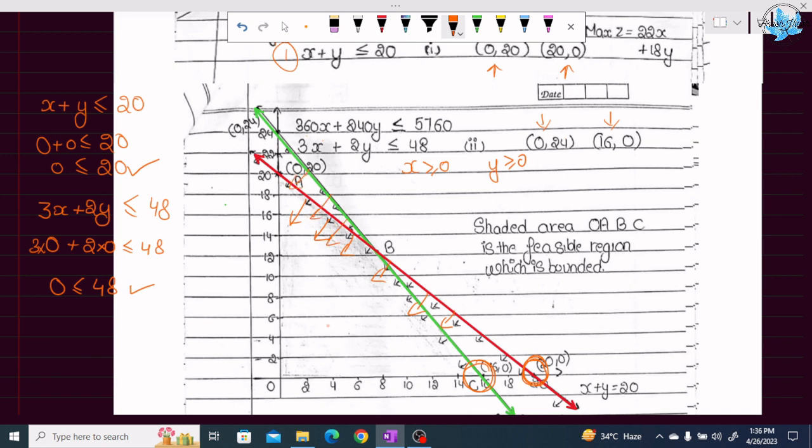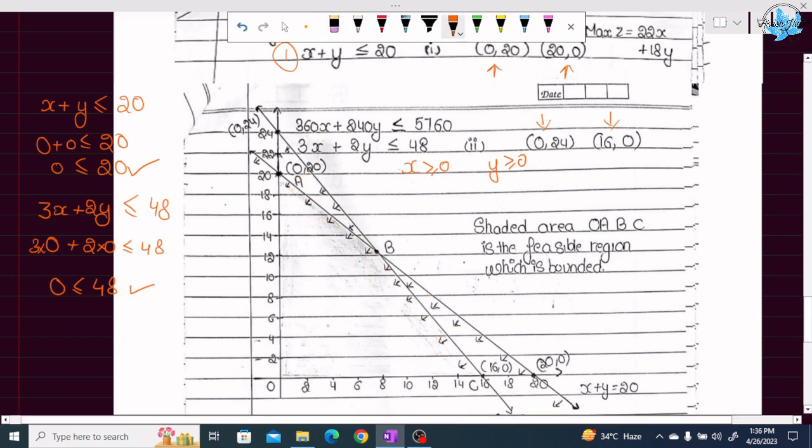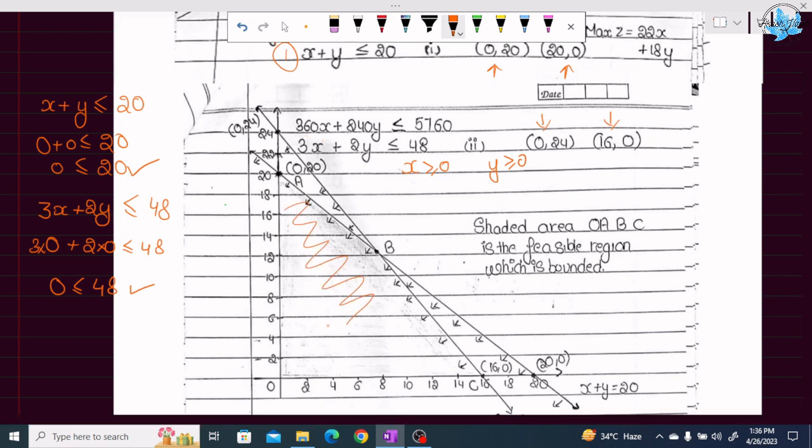So it means the left part of the green line would be the shaded area. Now find the common area. Now the graph is clear to you, how we draw the graph. We can see the shaded area common for the graph is this one. This is the common area of both the lines that we have to shade.